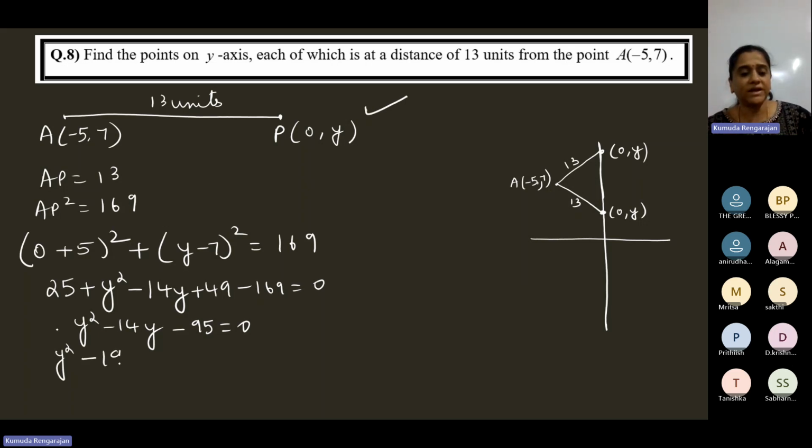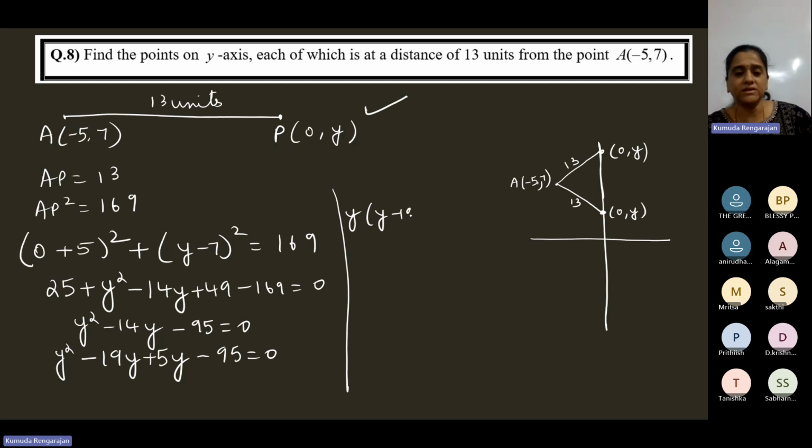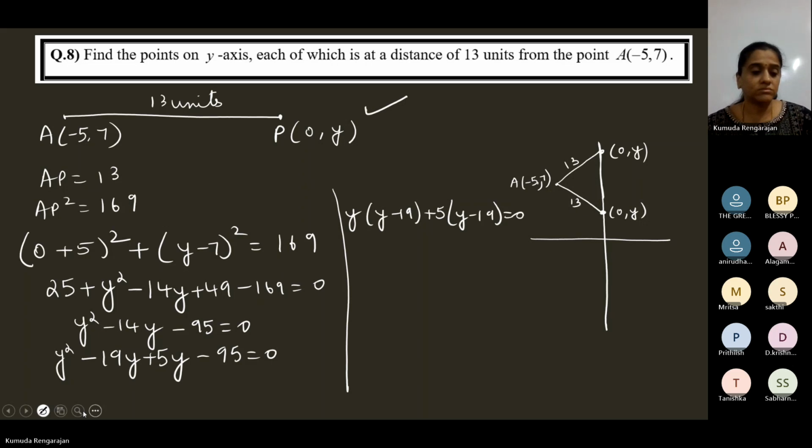So minus 19y plus 5y minus 95 is equal to 0. You can also use a quadratic formula if you were not able to find the factors. So y into y minus 19 plus 5 into y minus 19 is equal to 0.